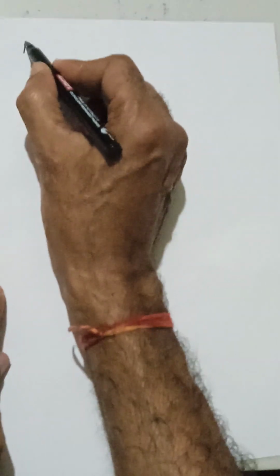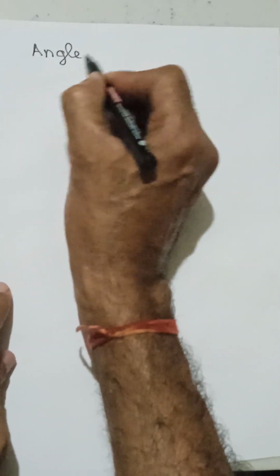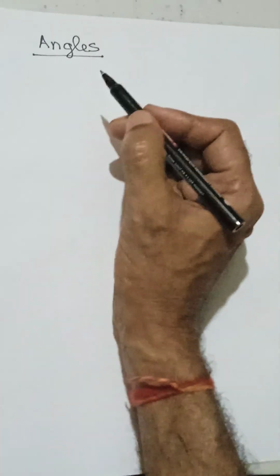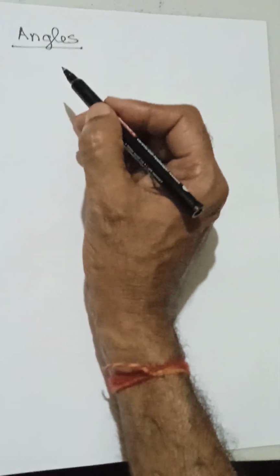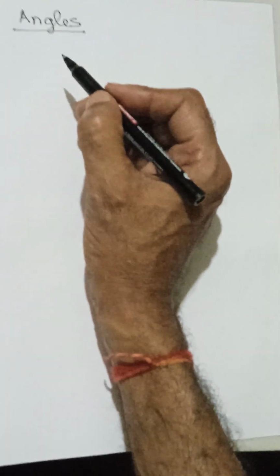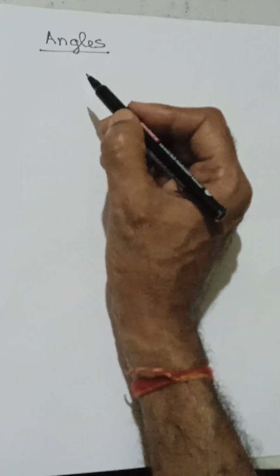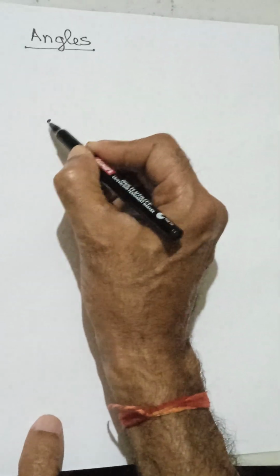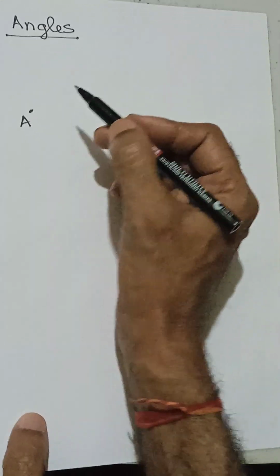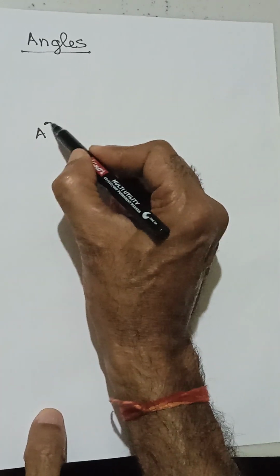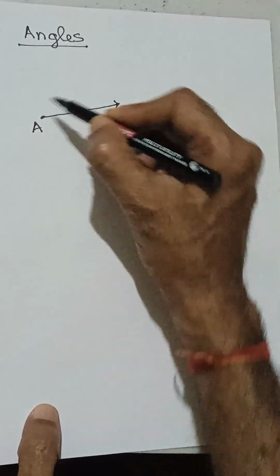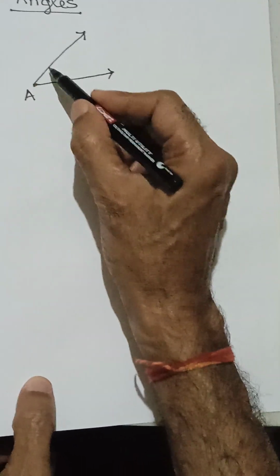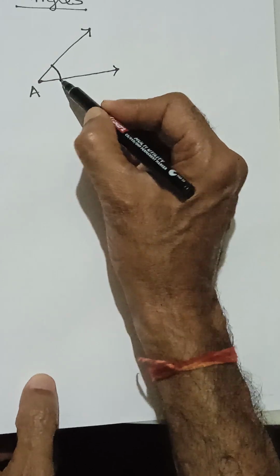Now we'll see the definition of angles. Angles are formed when two rays or lines have the same end point. Let us take a point A and draw two rays in two different directions. Then an angle is formed. So this is the angle which is formed.